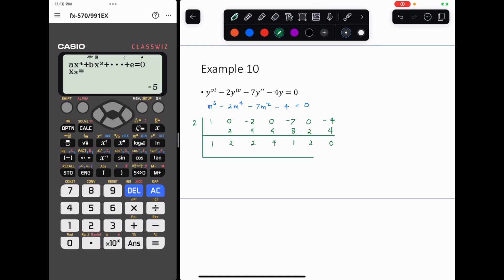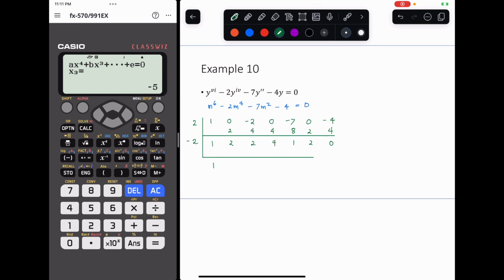I'll try 2 again. So I'll bring down 1. So everything is positive. So if it is 2, so 1 times 2 is... I think this should be negative.